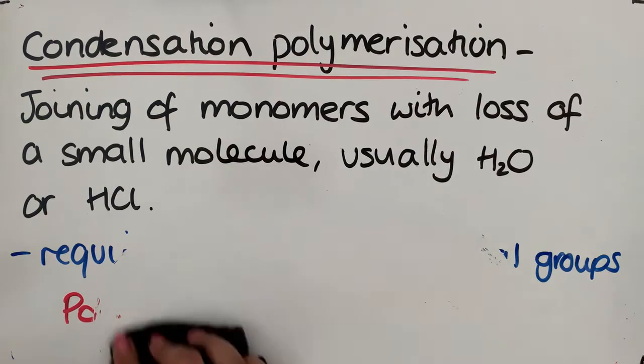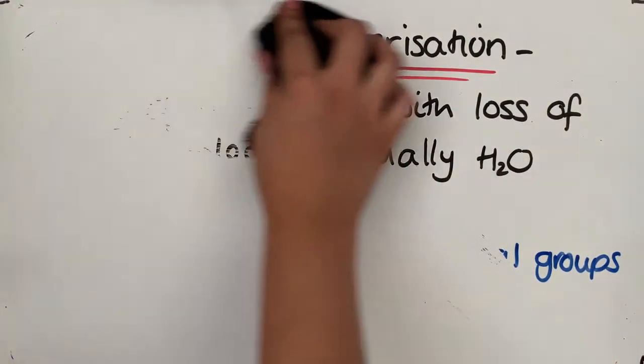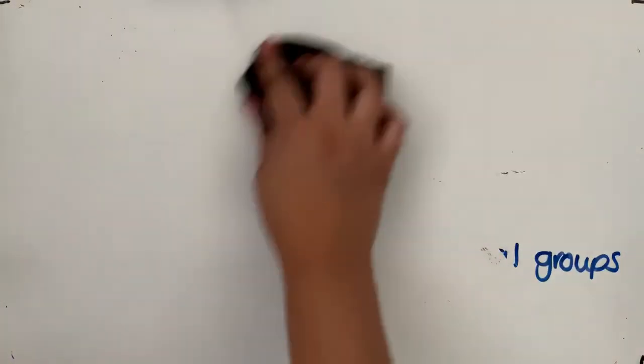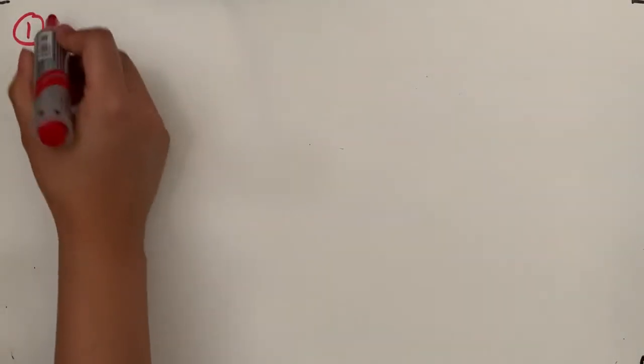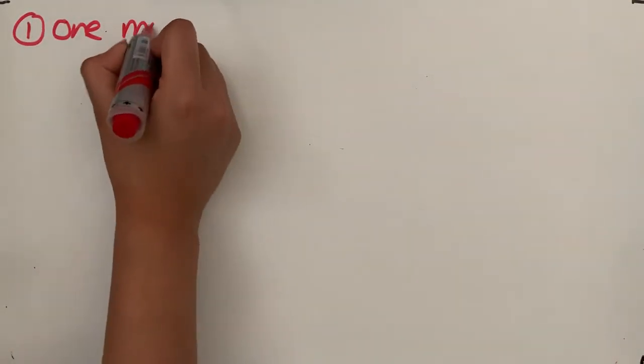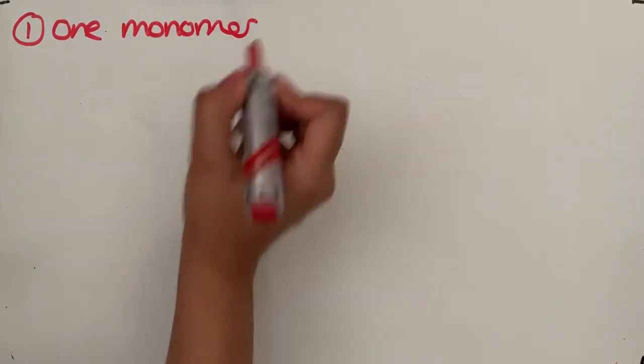Now, there are essentially two ways of making polyesters, and they differ in the types of monomers that we can use. The first type is where we use one monomer, and that monomer has two different functional groups within it.